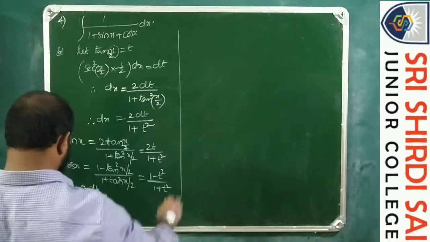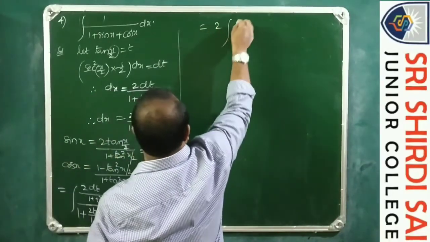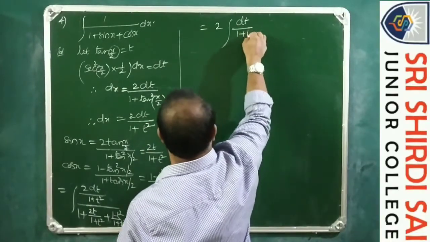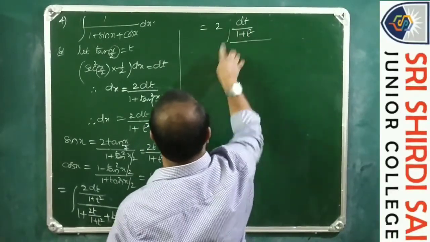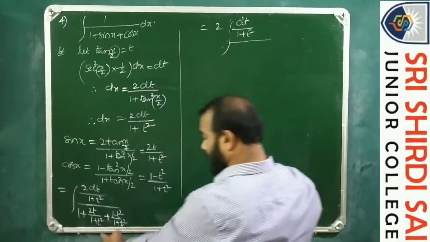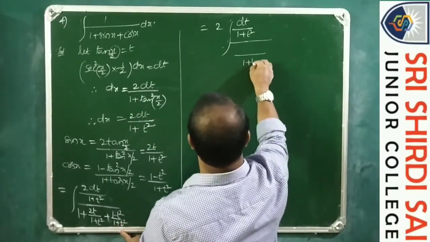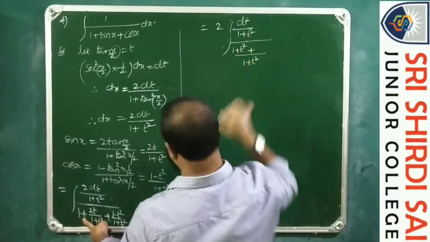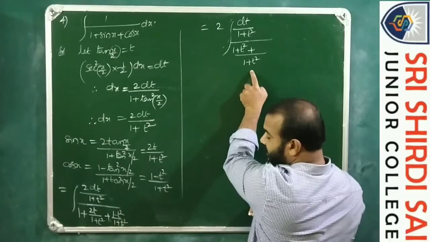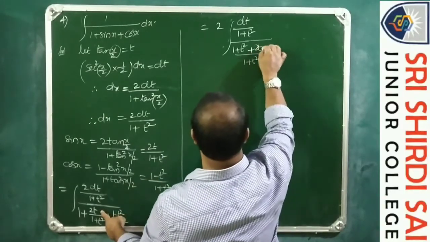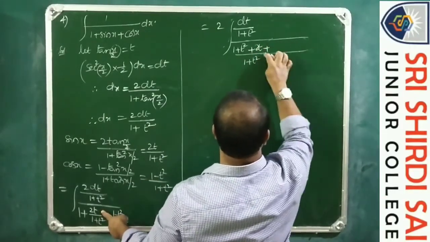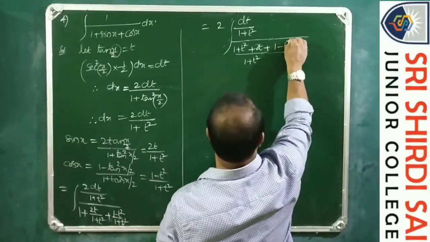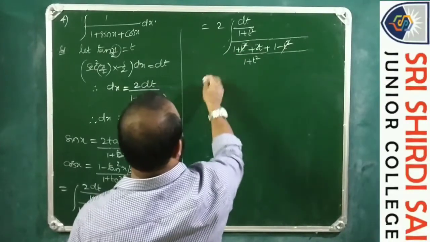So this is equal to 2, I will write separately, by 1 plus t square, by, so here 1 plus t square is the LCM. So 1 plus t square into 1 is 1 plus t square, plus 2t, plus 1 minus t square; the 1 plus t square by 1 plus t square gets cancelled. So minus t square plus t square gets cancelled.